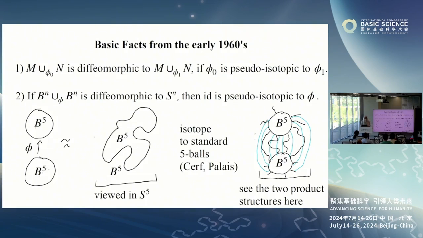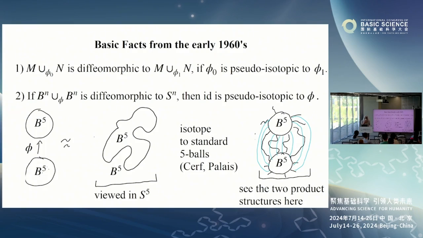However, it's a little exercise, probably known from the beginning, that there's some flexibility: if the gluing maps differ by a pseudo-isotopy, then you get the same manifold up to diffeomorphism. I should say, working in the smooth category.